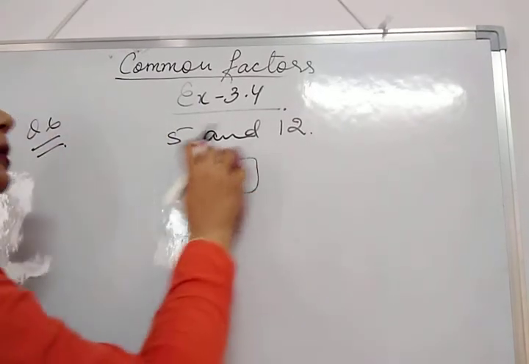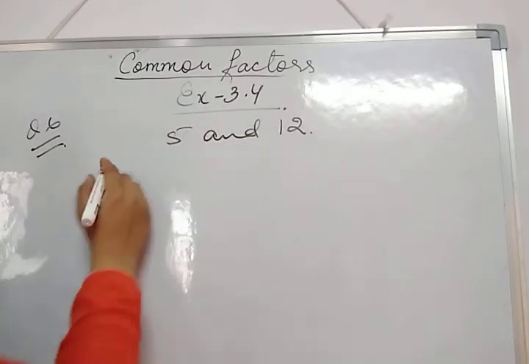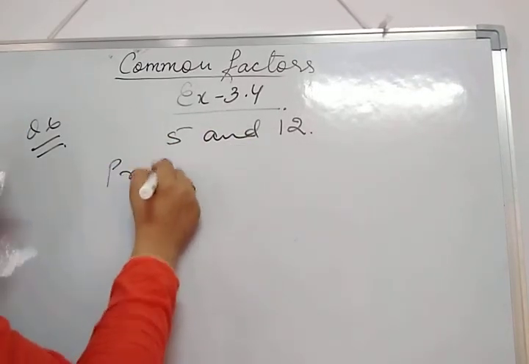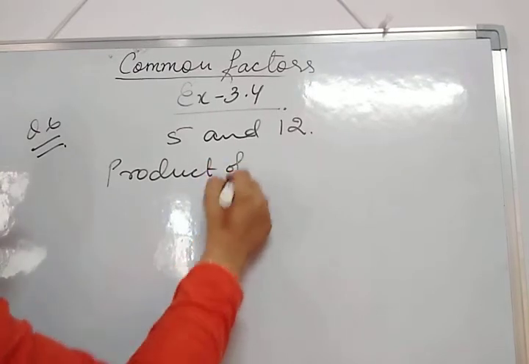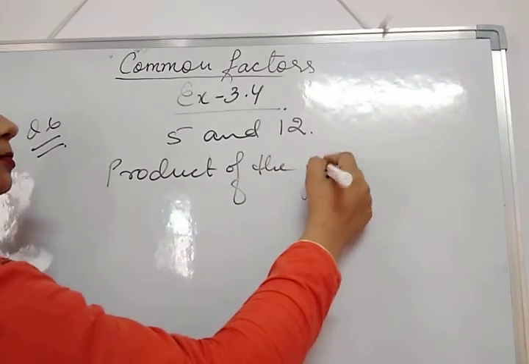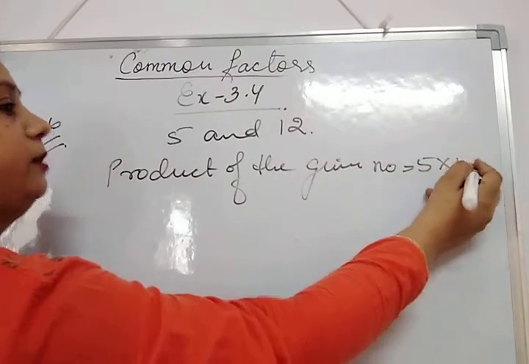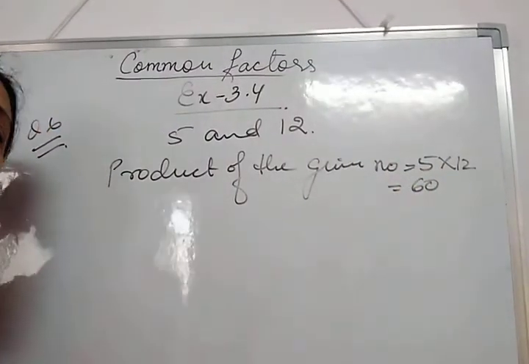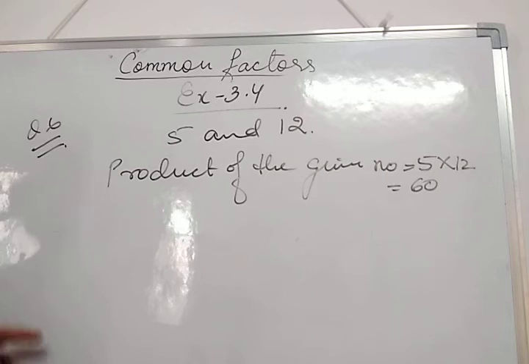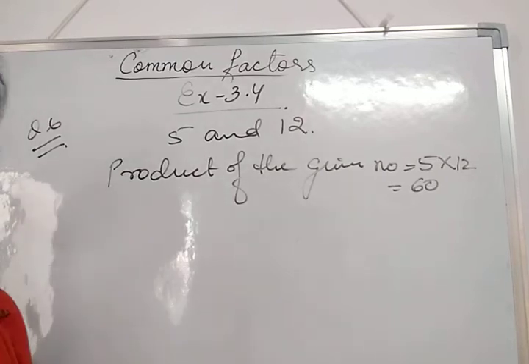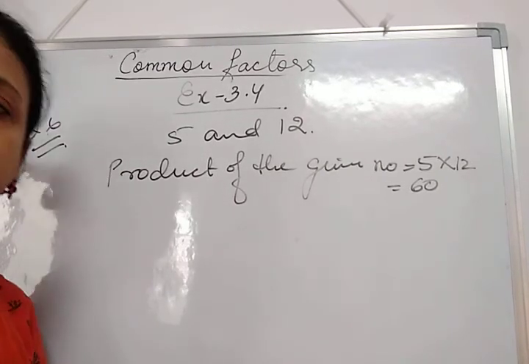That number will be divisible by the product of these two given numbers. What is the product of these two numbers? 5 into 12, that is 60. If a number is divisible by 5 and 12, then that number will be divisible by 60 also.